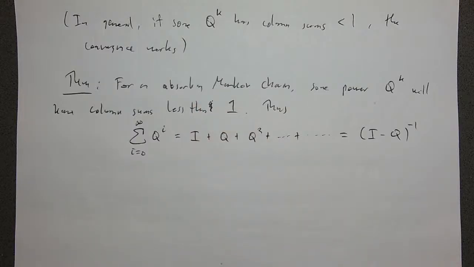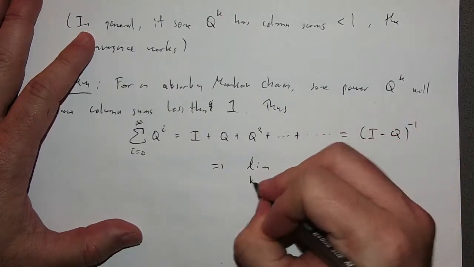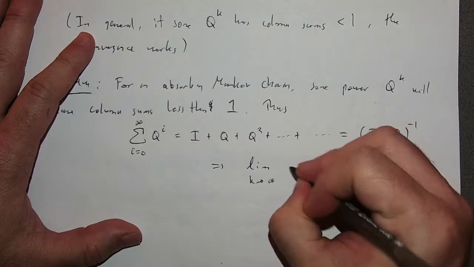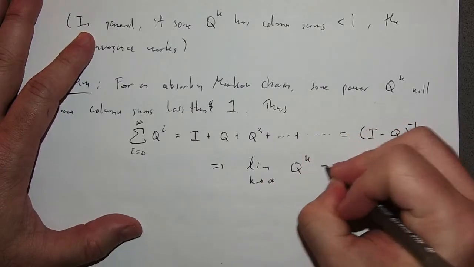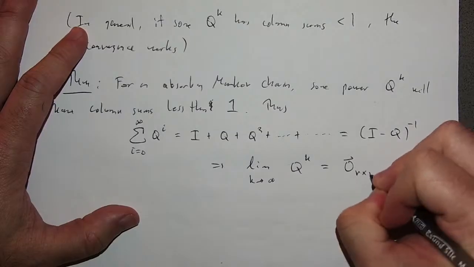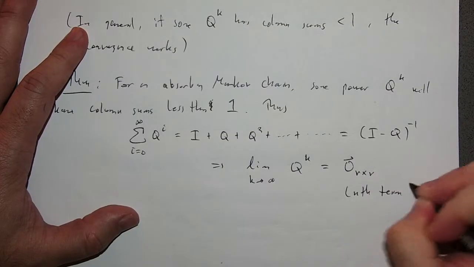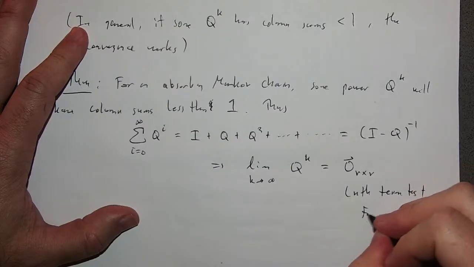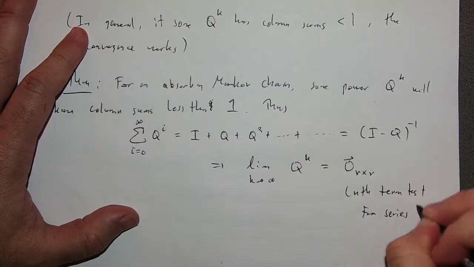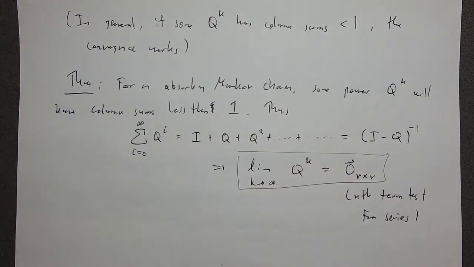Thus, this means that the limit as k goes to infinity of this q to the k is actually the R by R 0 matrix. So that handles the upper left block of my matrix.